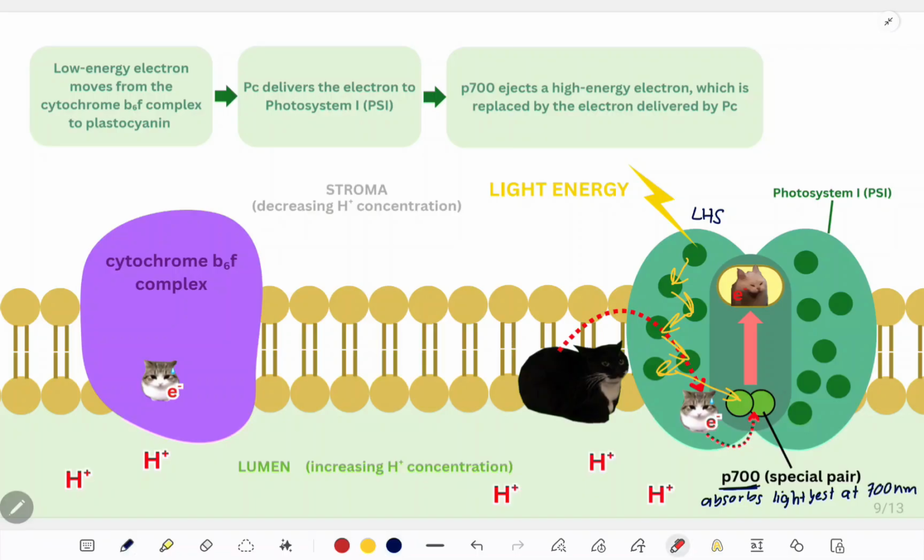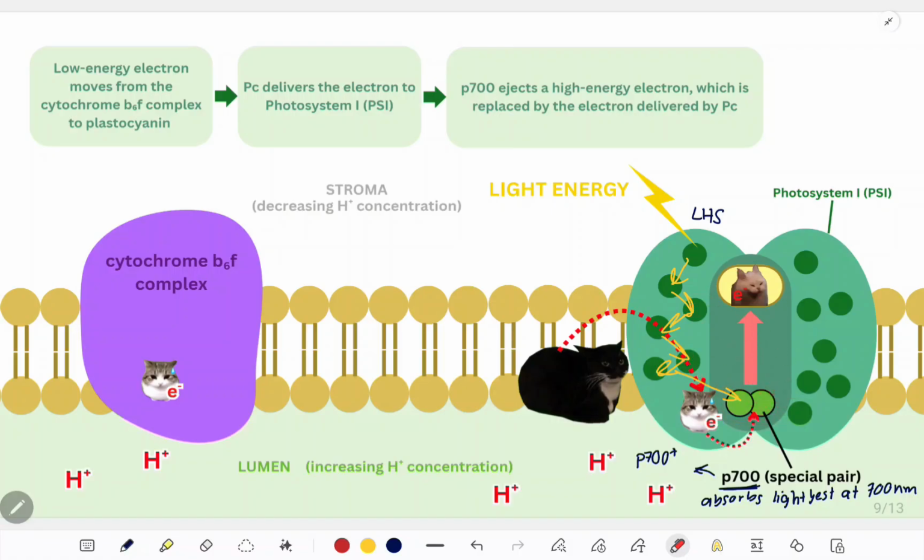Once this light energy is absorbed, it ejects an electron, and once it ejects an electron, P700 requires a new electron to replace the one that it has just lost. And this electron is the one that is transported by plastocyanin. So, recap. P700 gets the light energy, the photon energy.